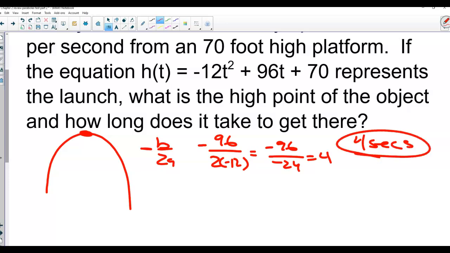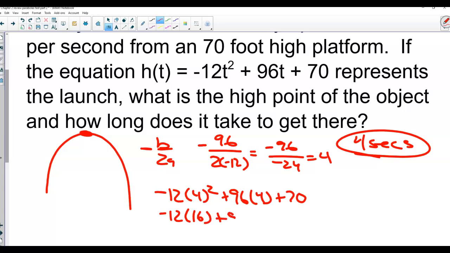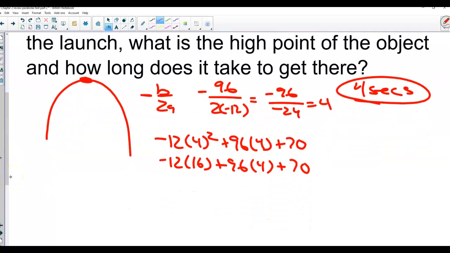And then I plug that time in to get my height. So we end up with negative 12 times 16 plus 96 times 4 plus 70. Negative 12 times 16, before I screw that one up in my head, let's go to my trusty calculator.